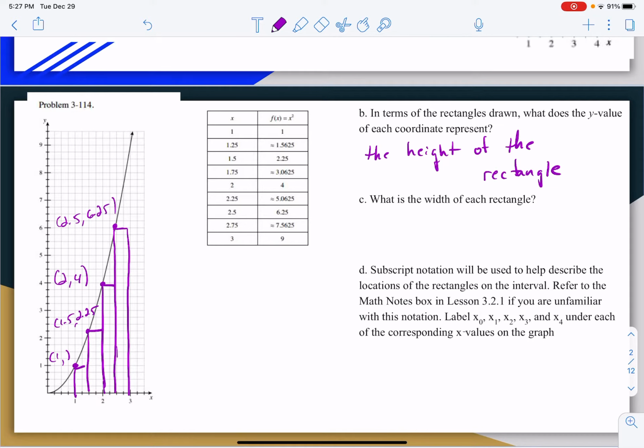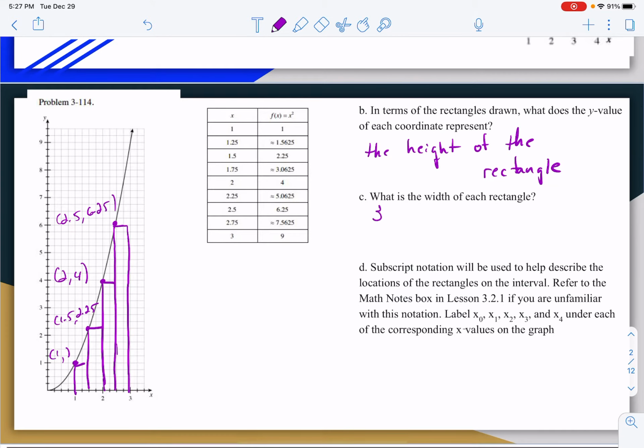And since we broke these into equal intervals, we have the interval of 3 minus 1, and we want to break it into 4 equal pieces. The width of each rectangle is 1/2.